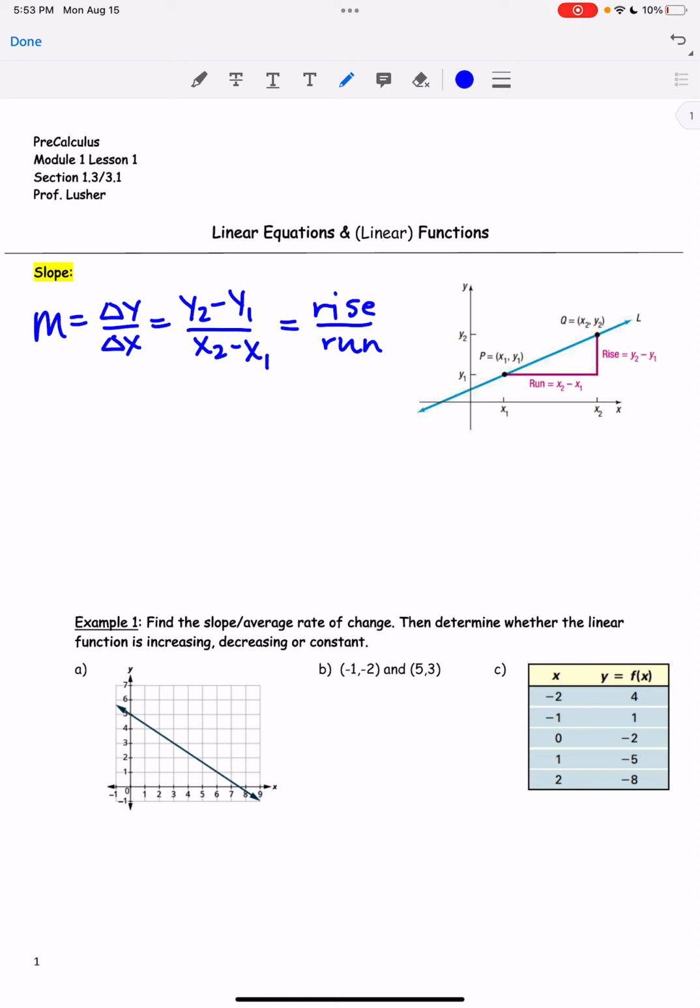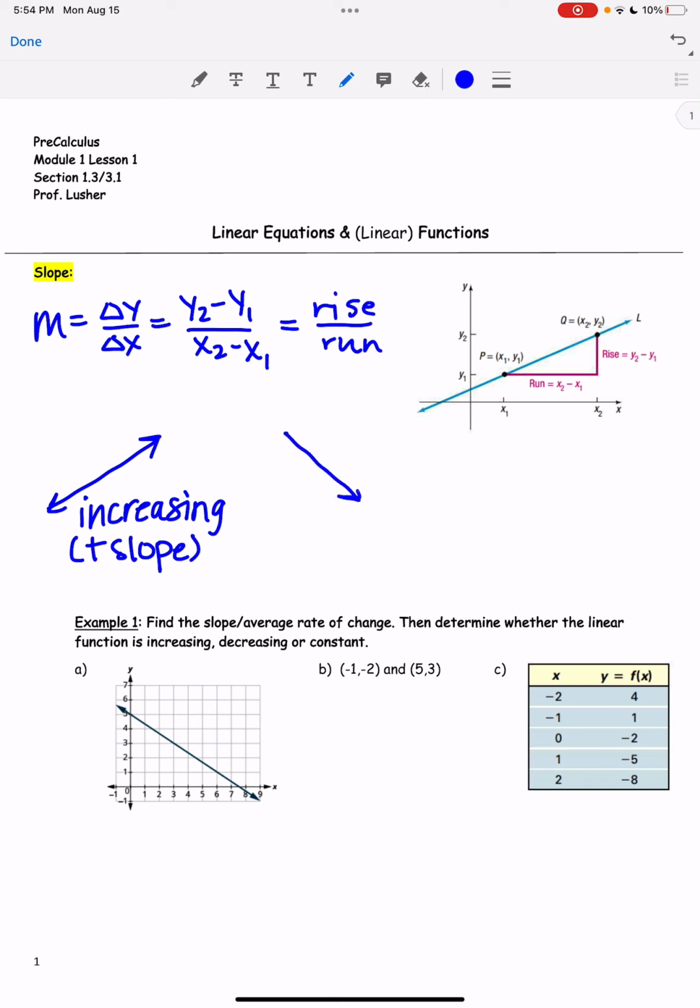Now with slope and functions, we have three different types of slopes. If it is going from left to right, it is going up, we call this an increasing slope, and these are always your positive slopes.